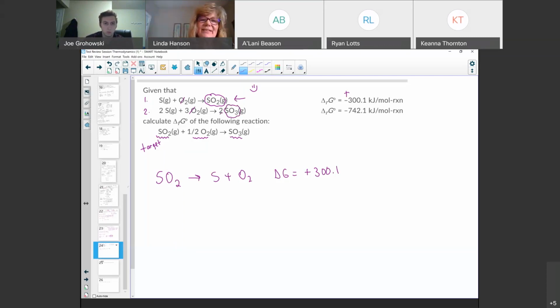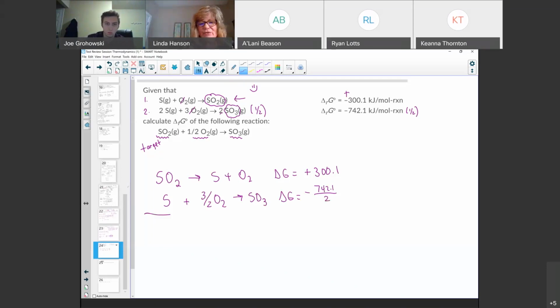So that tells me to cut that reaction in half, and I'll cut that value in half. So I would have S plus 3 halves O2 forming SO3, and the delta G is now negative 742.1 halved.